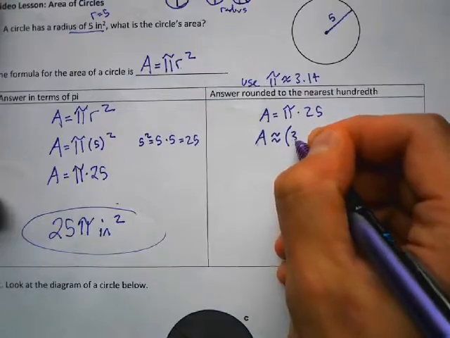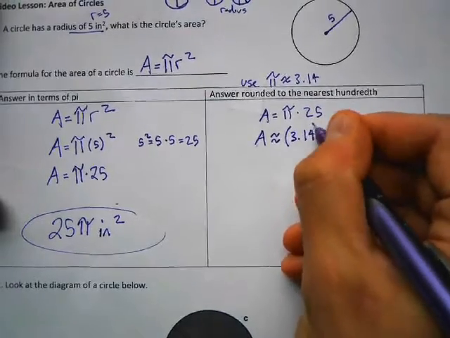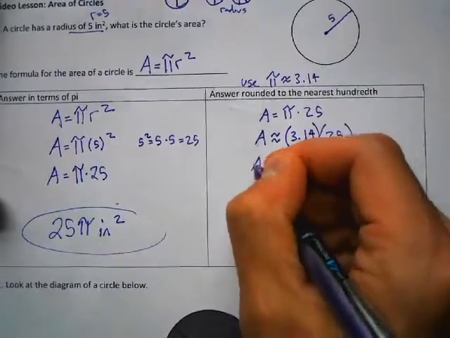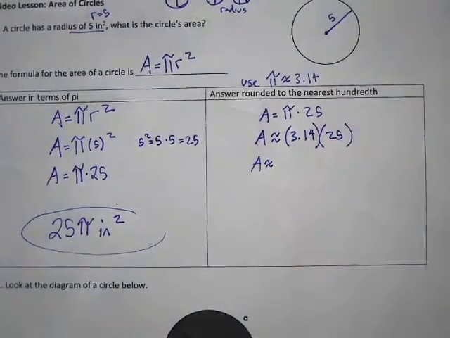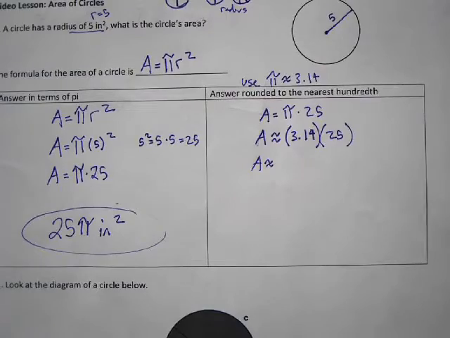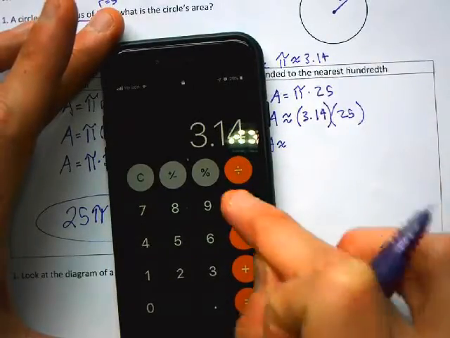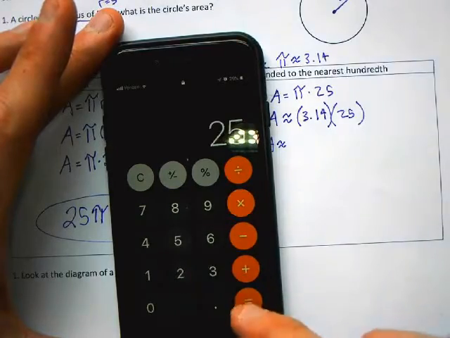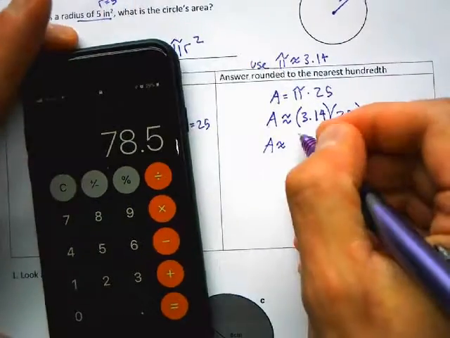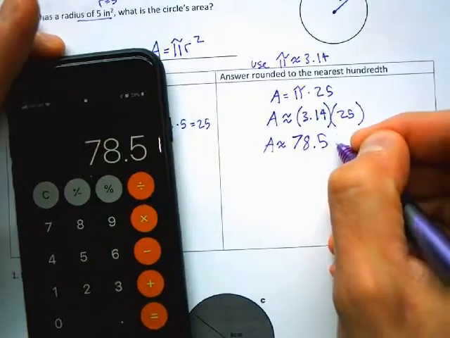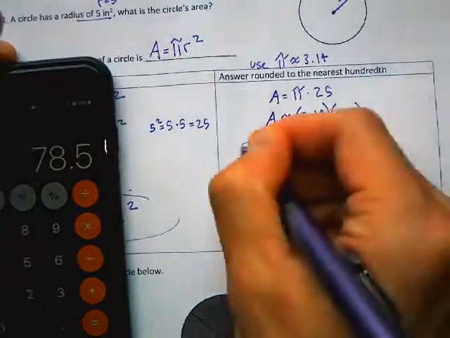So area is approximately 3.14 times 25. And let's use calculator. 3.14 times 25. So area is approximately 78.5 inches squared.